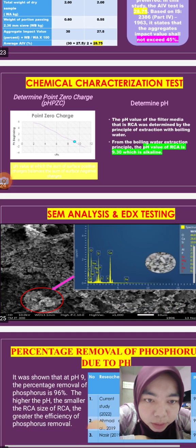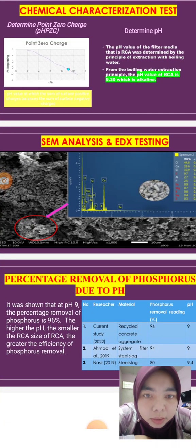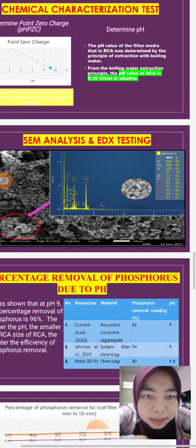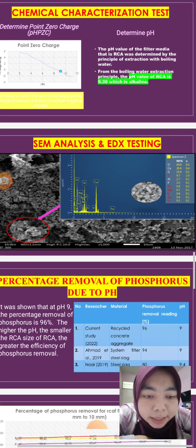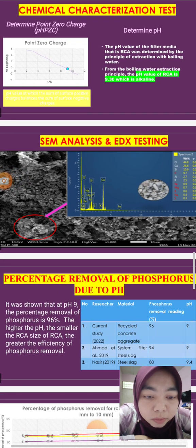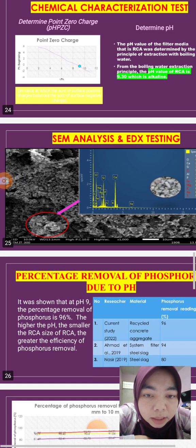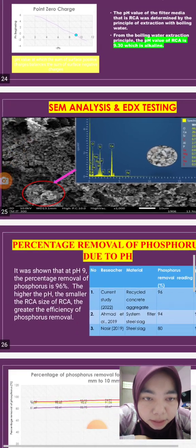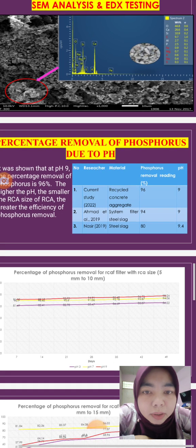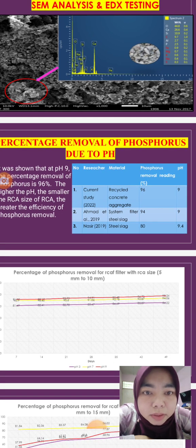Okay, from SEM analysis and EDX testing, we can see that all the elements that enhance phosphorus removal are in the RCA. Okay, for percentage removal of phosphorus due to pH, we can see the current study, which is 96% compared to previous study, which is by using steel slag, which is 94% and 80%.